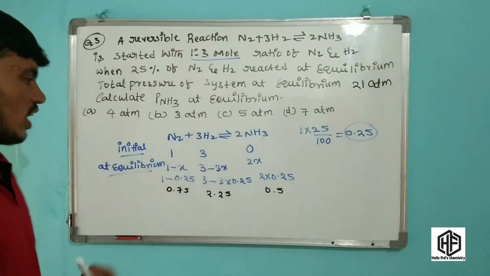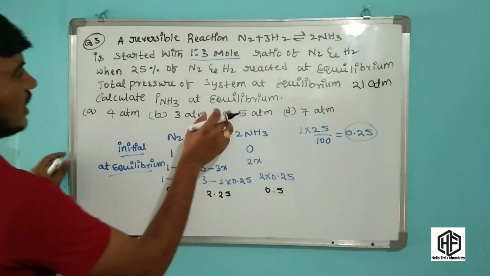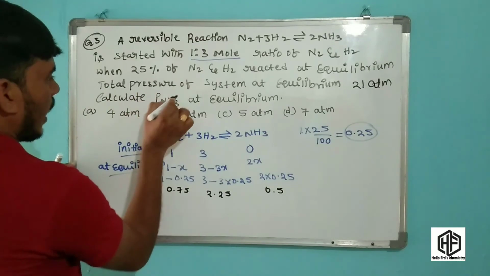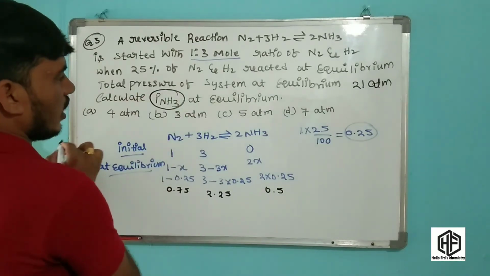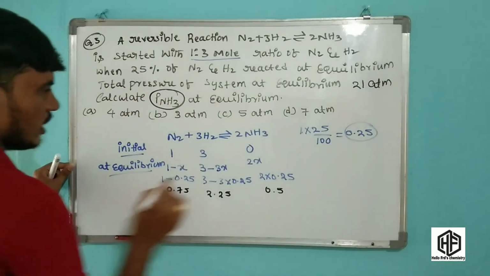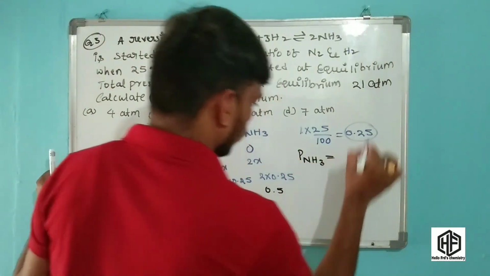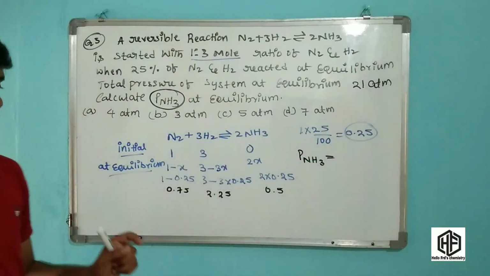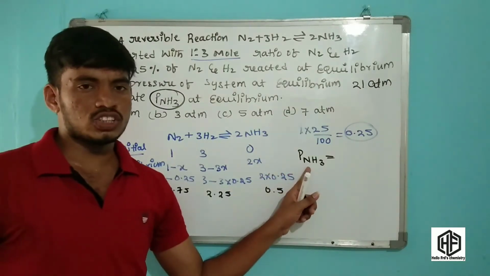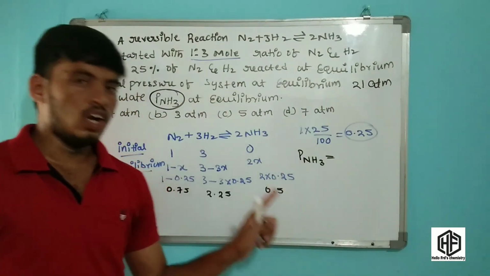This is the concept. Now we have to calculate the partial pressure of NH3. The partial pressure of NH3 is equal to the number of moles of NH3 divided by the total moles, times the total pressure.